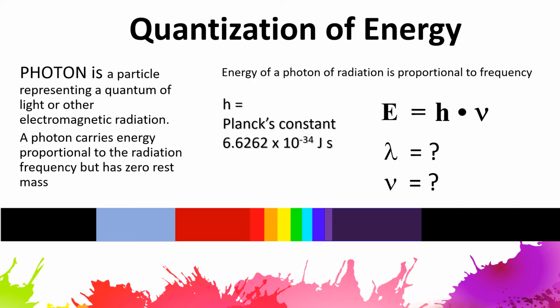That is the value for Planck's constant, and this energy is equal to h nu, h times the frequency. That is the most important equation for you. It is very important because for any radiation, the energy of a single photon is equal to h nu. Nu means the frequency, h means the Planck constant.